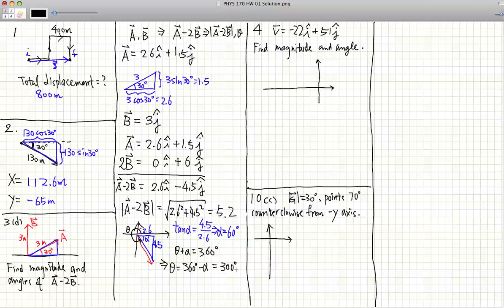Therefore, the angle of the vector A minus 2B is 300 degrees. That's question 3D. All the other questions in question 3 can be done similarly. In fact, most of the questions in this problem set can be solved in this manner, so later I'll skip a lot of the questions because they are basically a repeat of what we are doing in this problem.